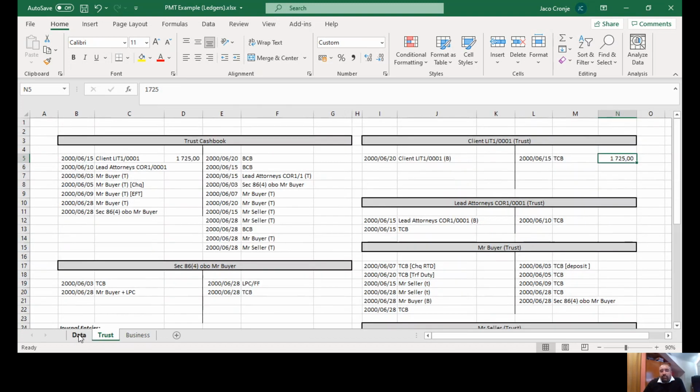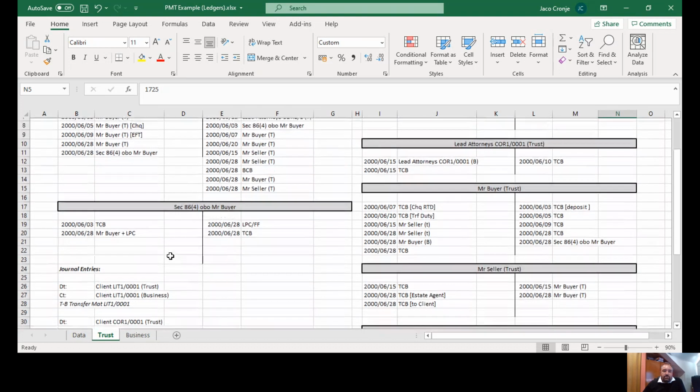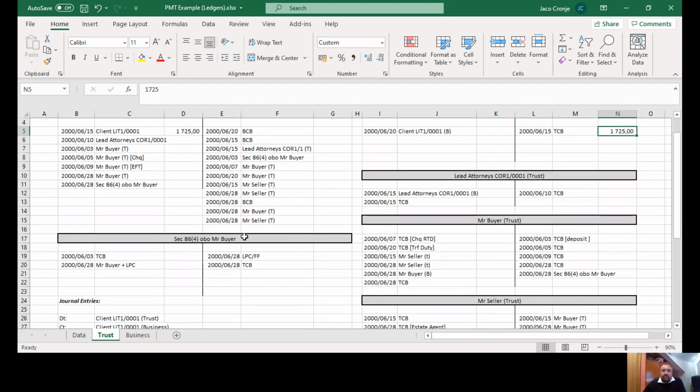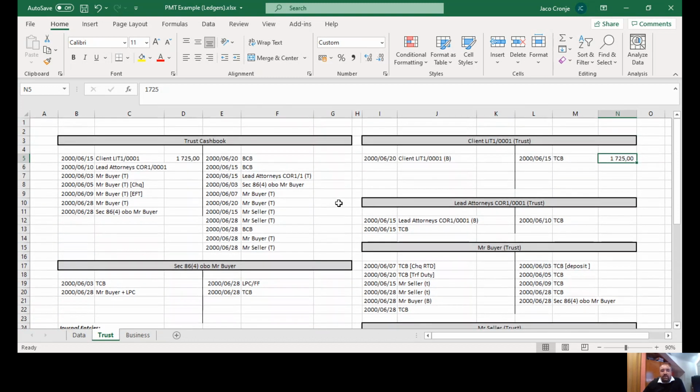Now, how do we go about doing this trust to business transfer? There's two legs to a trust to business transfer: the value leg and the cash leg. So the value leg is where I set off my client's trust account against his business account.